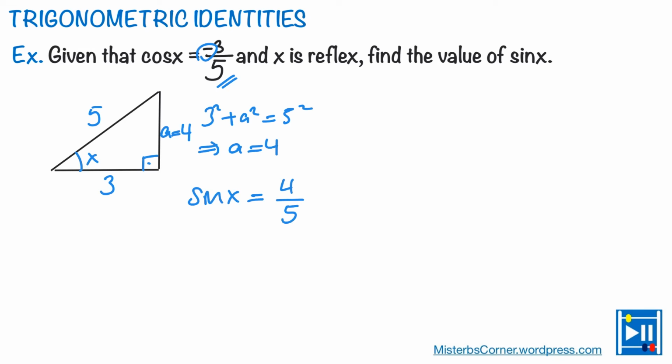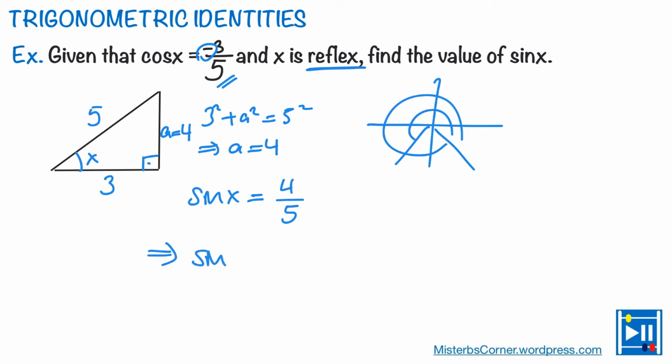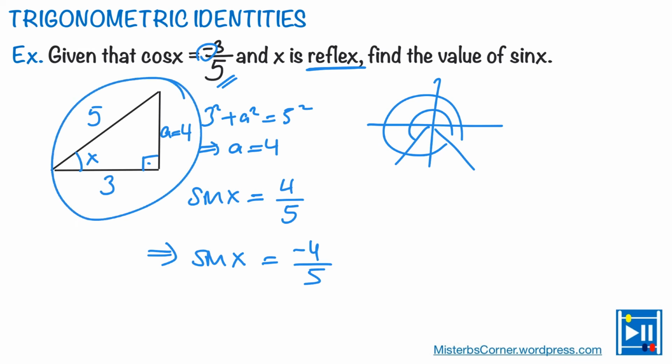Now all I have to think about is this word. Reflex again means that the angle will be either in the third or the fourth quadrant, so in either case, sine x must be negative. So I'll go like sine x equals minus 4 over 5. This is very simple if you can quickly figure out the side lengths with Pythagoras.